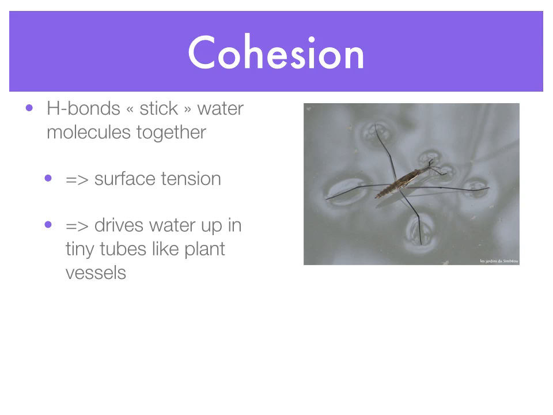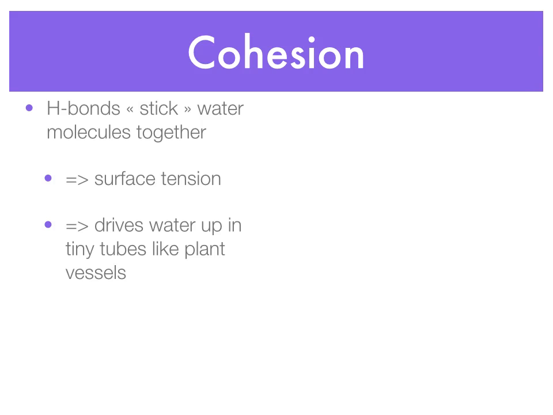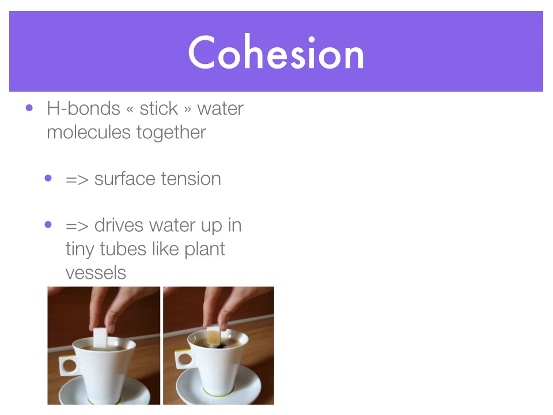The same property, the cohesion property, is also what makes water go up in specific conditions. So for example here you have the effect of capillarity, the fact that molecules of water stick together will drive water up.